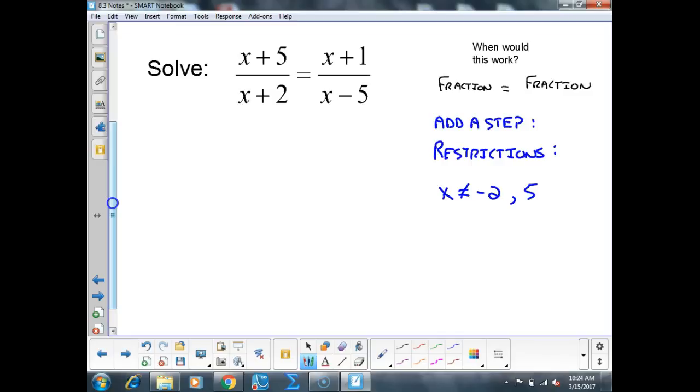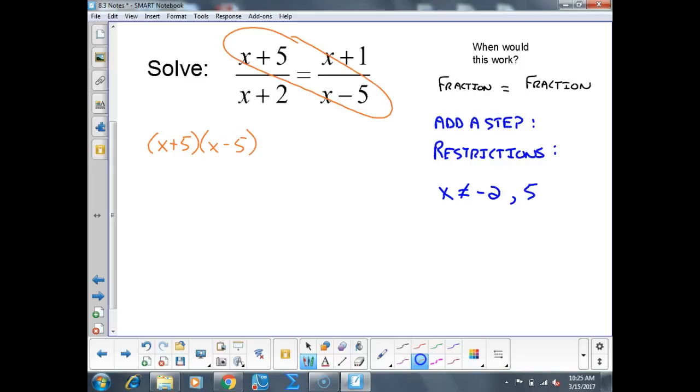Right? So, cross multiplying. About time. So, we take these and we multiply those two together. So that becomes x plus 5 times x minus 5.